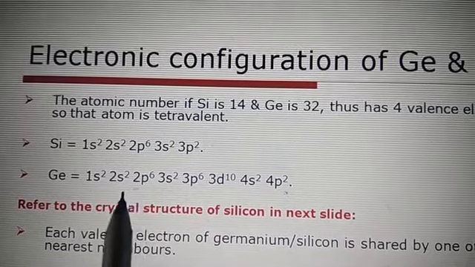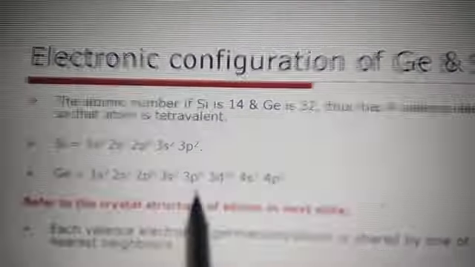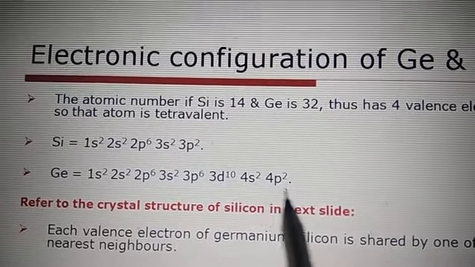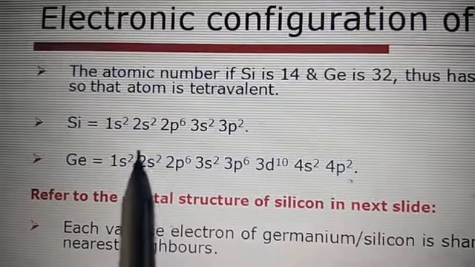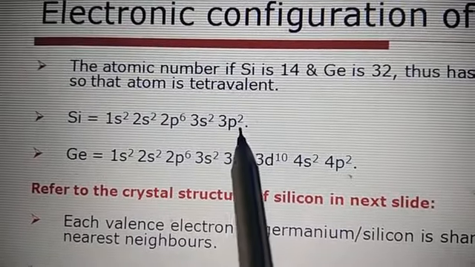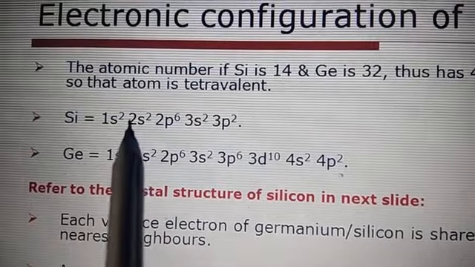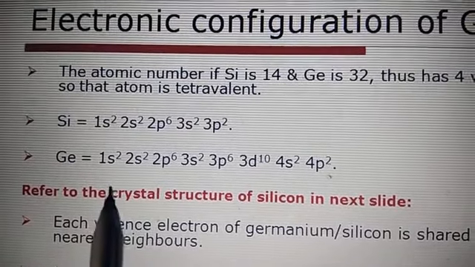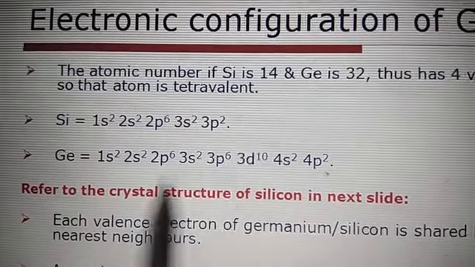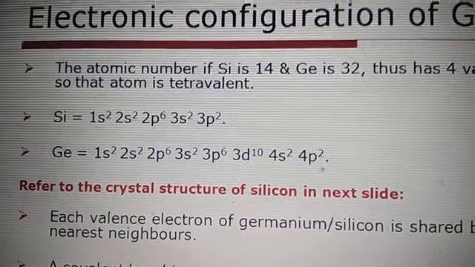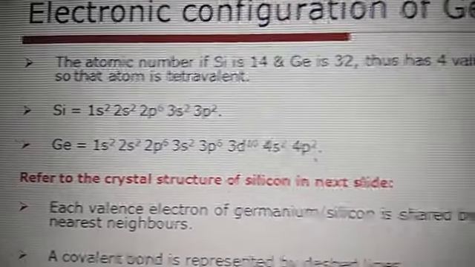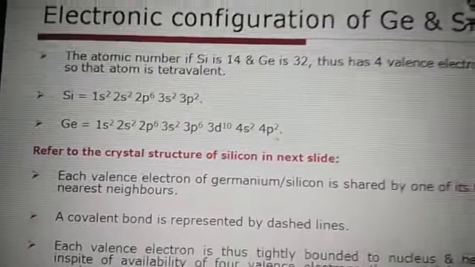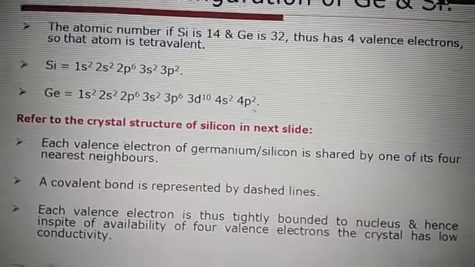First shell, second shell, third shell, and this is the fourth shell. So in silicon, 3 orbits are there from the nucleus onwards, and here 4 orbits, 4 shells, are there. So this is the distribution of the electrons, or you can say the atomic structure of silicon and germanium.